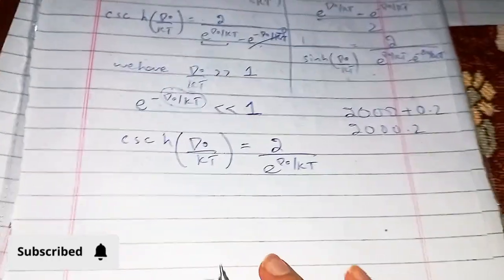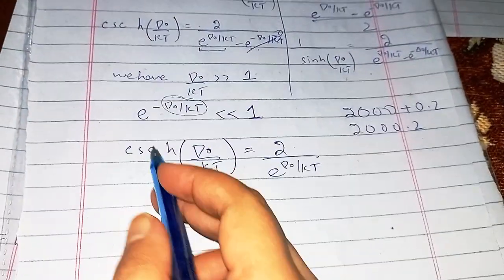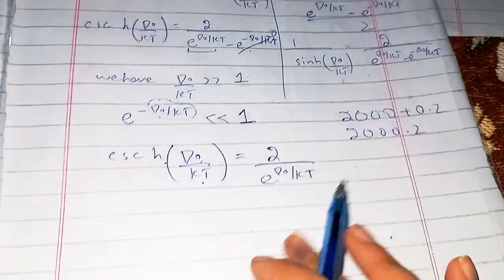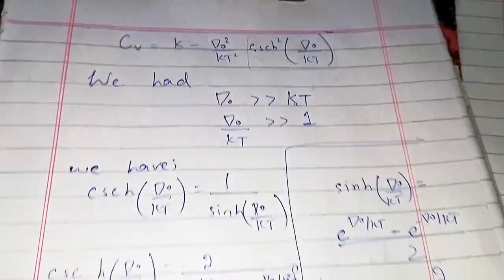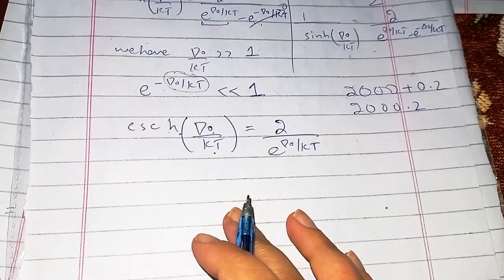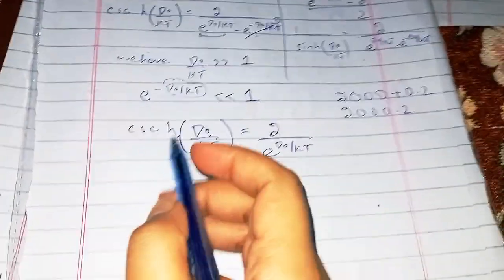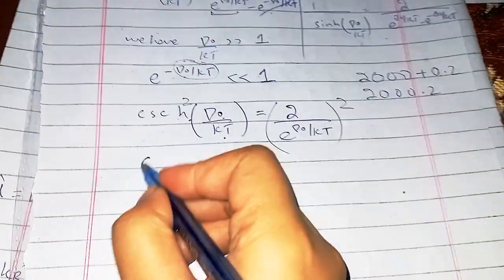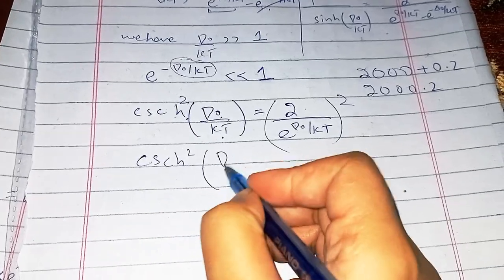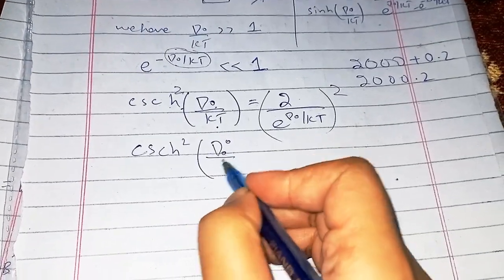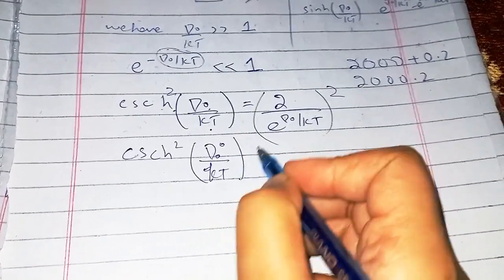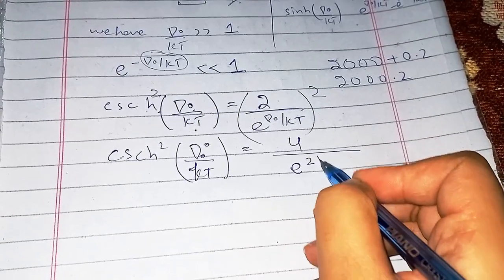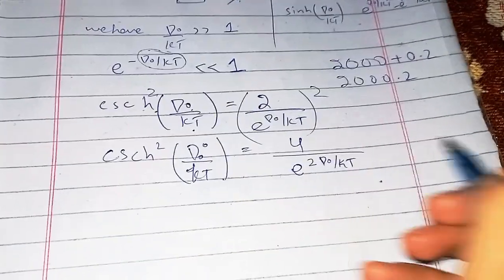This is cosecant hyperbolic delta naught by kt, so we'll square both sides to get the squared value, because that is what we have here. Squaring, we get cosecant hyperbolic square delta naught by kt equals 2 square, which is 4, divided by e to the power 2 delta naught by kt.